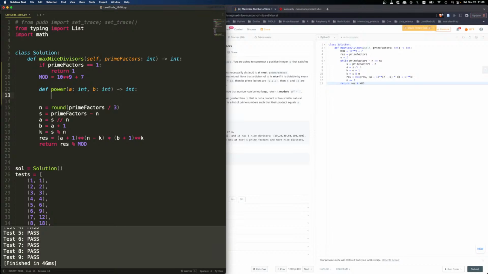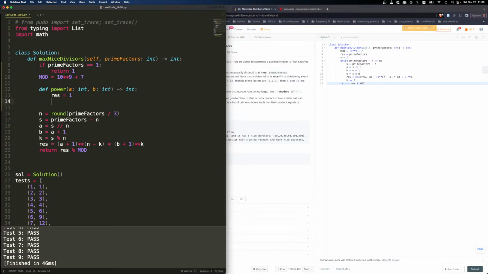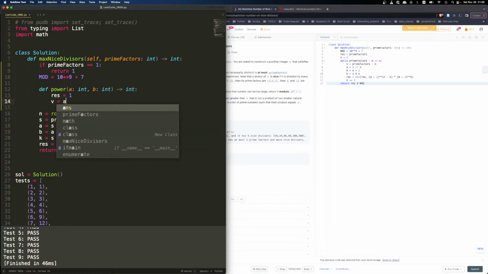Okay, what do we do? What we're going to do is, res equals 1, right? How do you do this? v equals a, right? Wait, hold on. So divide by 2, right?